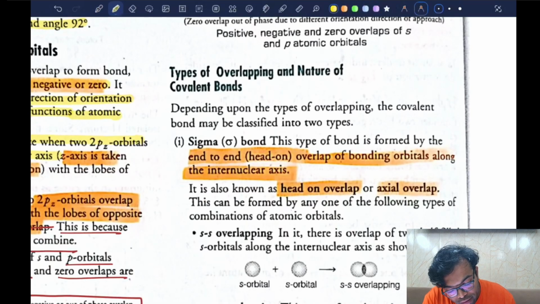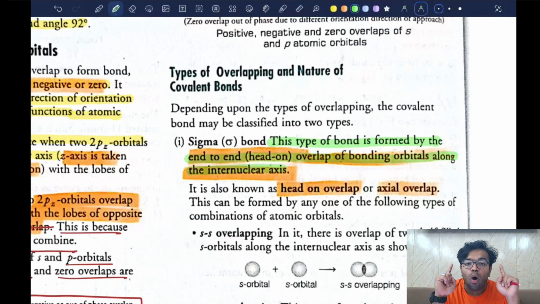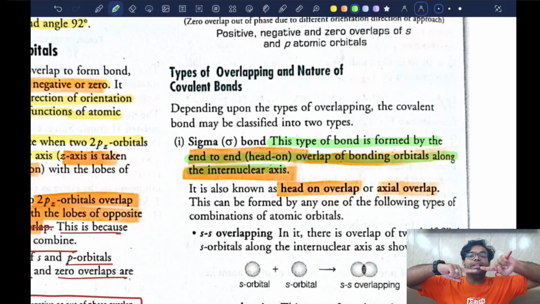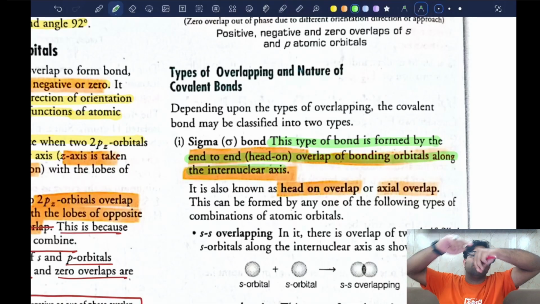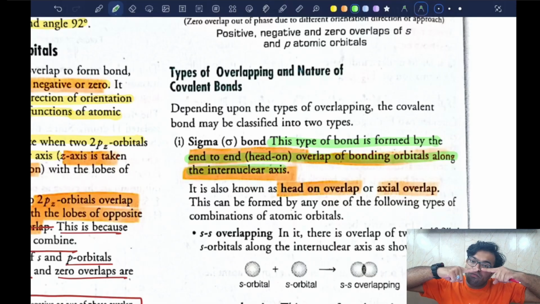So, the sigma bond, this type of bond is formed by the end to end head-on overlap of bonding orbitals along the internuclear axis. The sigma bond will always be formed in the axis between the two nuclei of the two atoms. If you have a nucleus here and a nucleus here, the sigma bond will lie in the axis of the two nuclei.